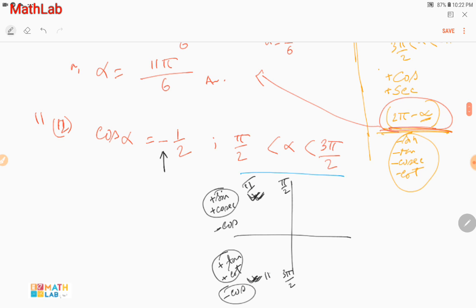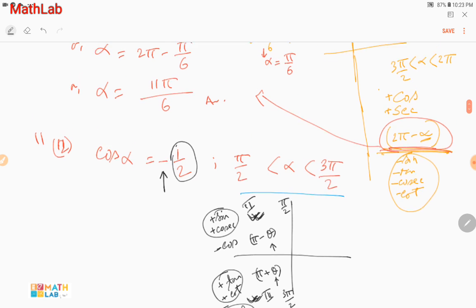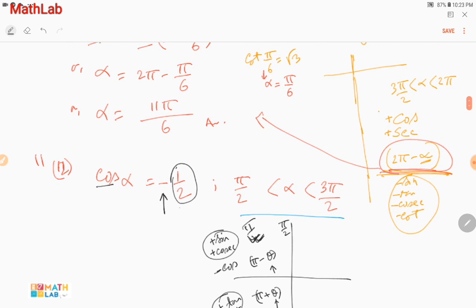In quadrant 2 our answer will be pi minus theta, and in the third quadrant pi plus theta. Here is half, so we know there is cos half.